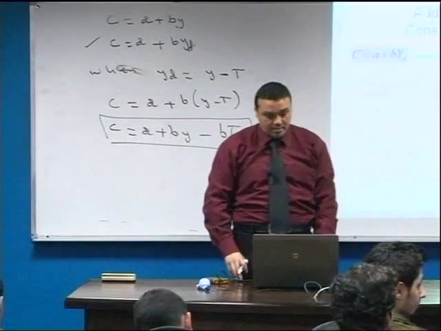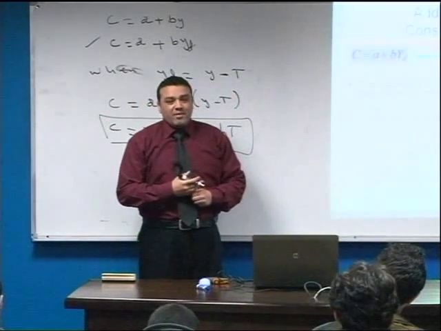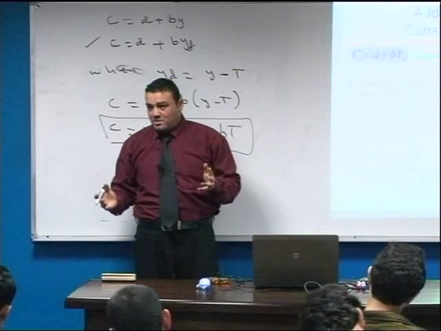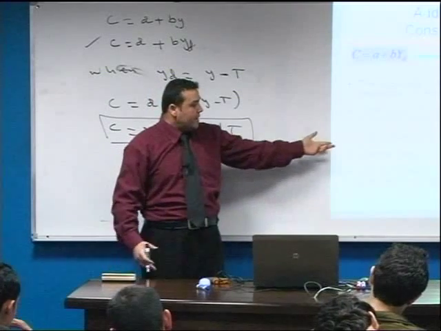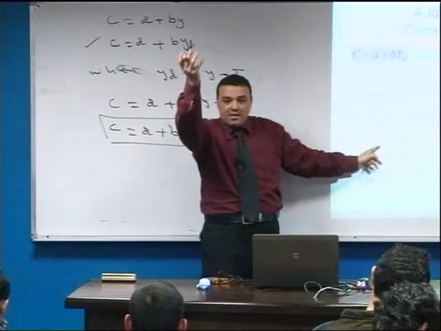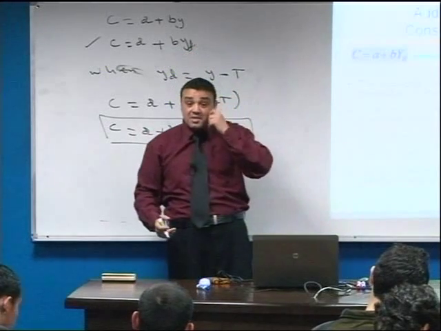Okay. And we have two main factors that affect the planned investment if we have a government. Number one is the tax policies. If the taxes increase, the investment would decline. The second is the interest rate.